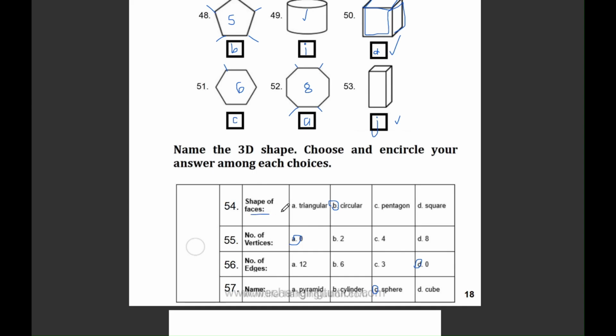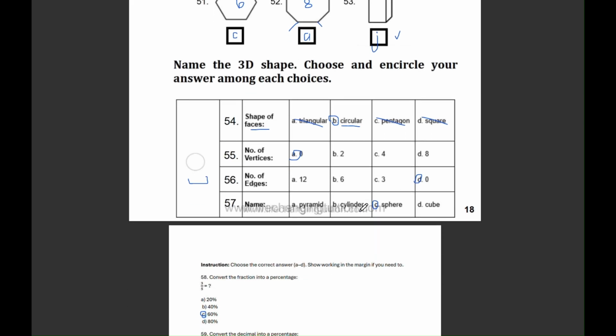Options: A, triangular, B, circular, C, pentagon, D, square. Why not? Not flat polygons. Answer: B, circular. Reason: Sphere has a curved surface, circular cross-sections.